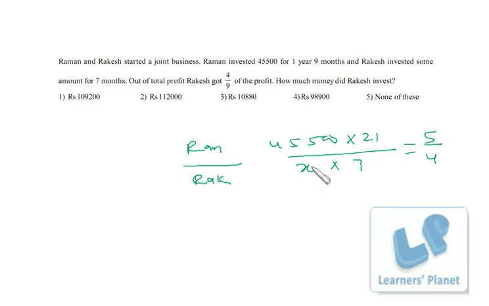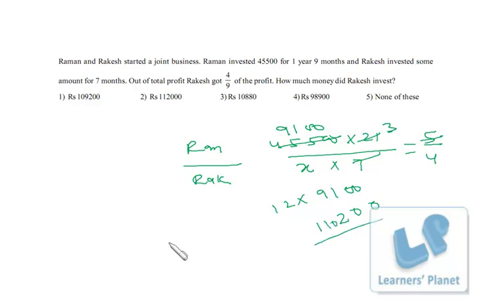Now we have to find out the value of X. Okay, so that's 12 into 9100. Sorry, 12 nines are 108 plus 1, 109. So 109,200.